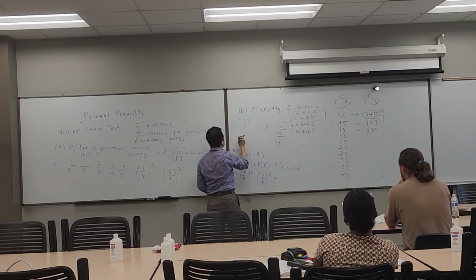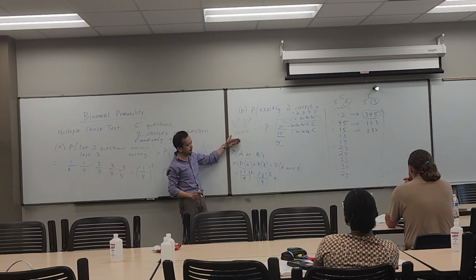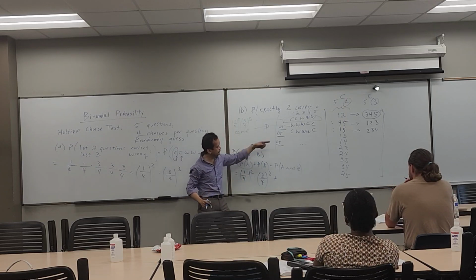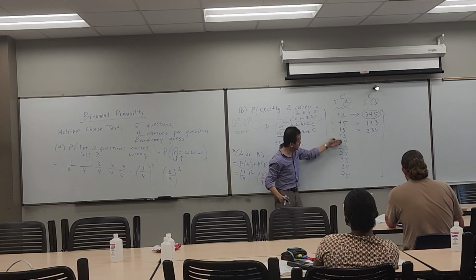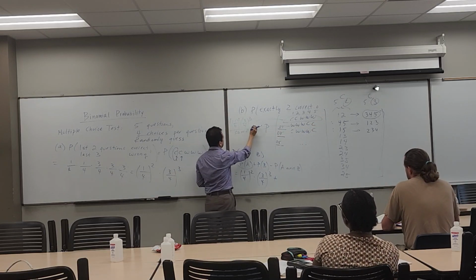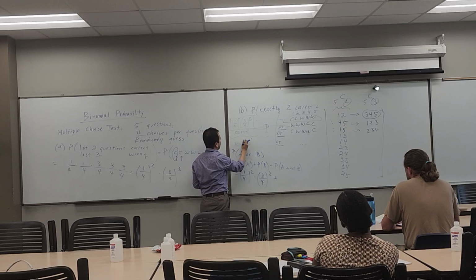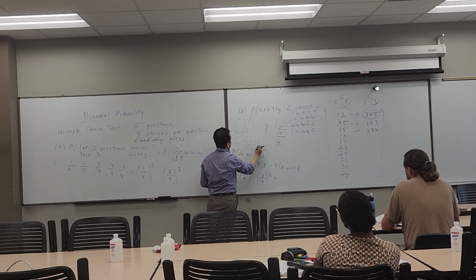Same with this one, same answer. And how many of those same probabilities are we adding up? 10, because based on what we said over here, we enumerated the 10. So we're adding this number up 10 times, or 10 times this 1/4 squared times 3/4 cubed.